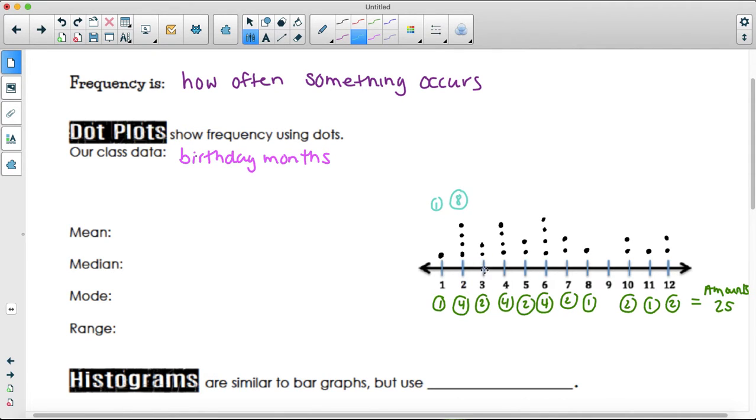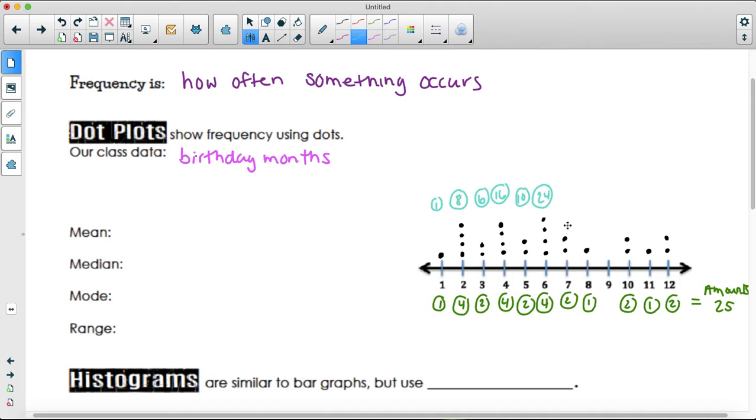We have 2 on the 3, so that would be a total of 6, because we're adding up 3 plus 3. 4 on the 4, so that would be a total of 16. We have 2 on the 5 spot, so that would be a total of 10. We have 4 on the 6 spot, so that would be a total of 24. Again, to find the totals, we add all the values up.